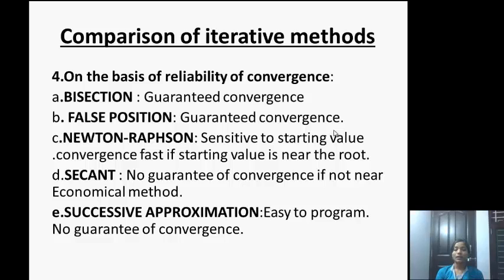If we take the correct value, that is a value near our root, then our method will converge. Otherwise there is no guarantee that our method will converge to our root. Secant has no guarantee of convergence if not near the root, though it is an economical method. Last is successive approximation, easy to program, with no guarantee of convergence.